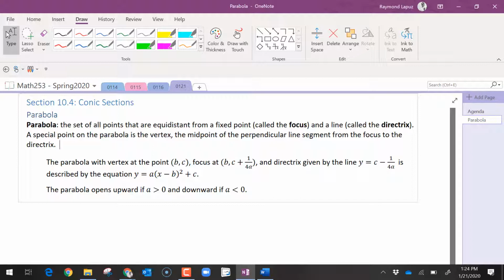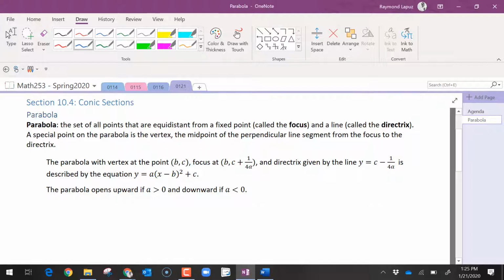So the formal definition of a parabola, if you look it up in Wikipedia or wherever, is the set of all points that are equidistant from a fixed point, and they define this as being equidistant from a fixed point and a line. I guess that's an important concept.